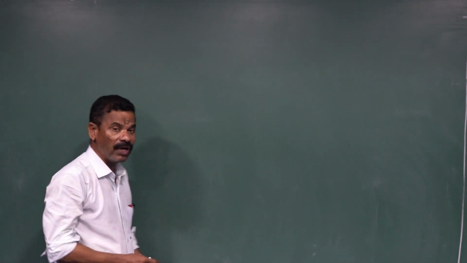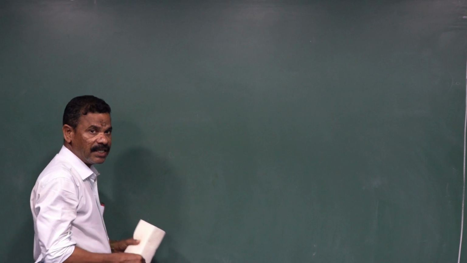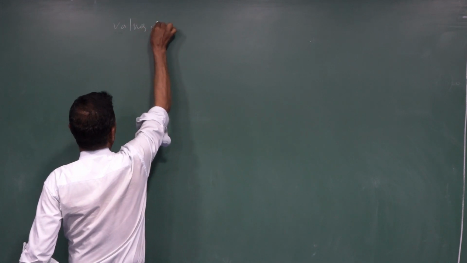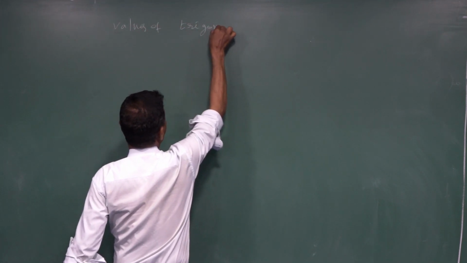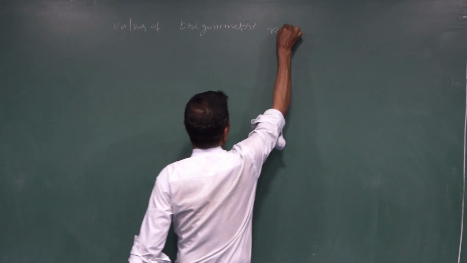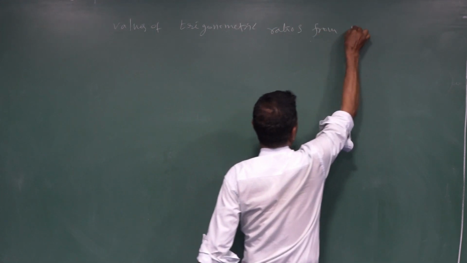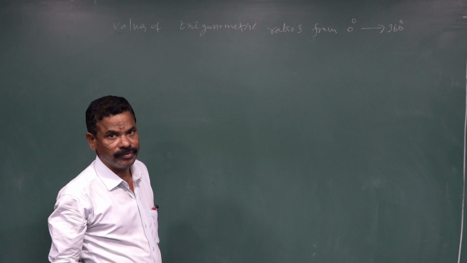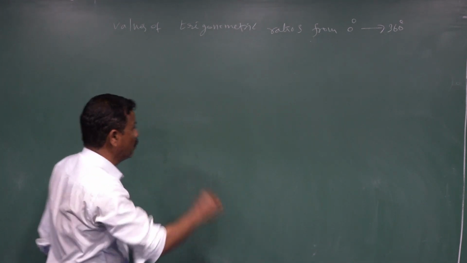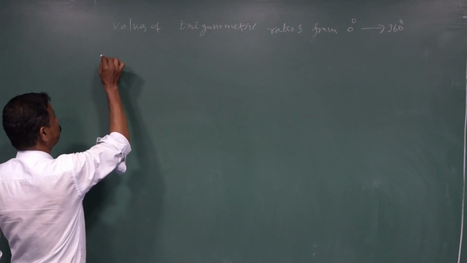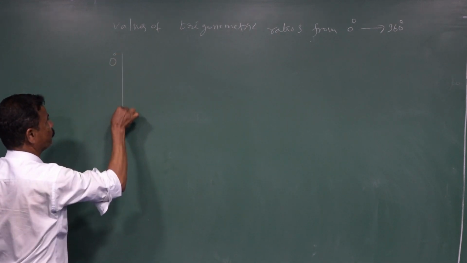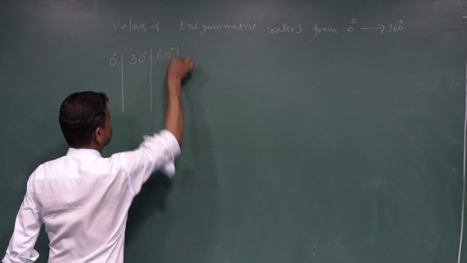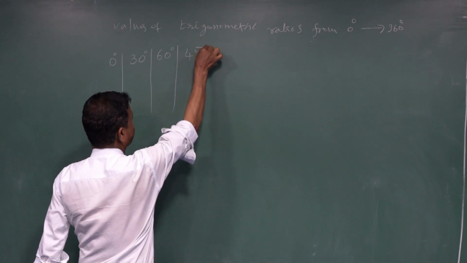I prepare that table for 0 degrees, 30 degrees up to 360 degrees. Values of trigonometric ratios from 0 degrees to 360 degrees. Once complete cycle, one full circle. Here 0 degrees, next 30 degrees, its double is 60 degrees, next you take 45 degrees.